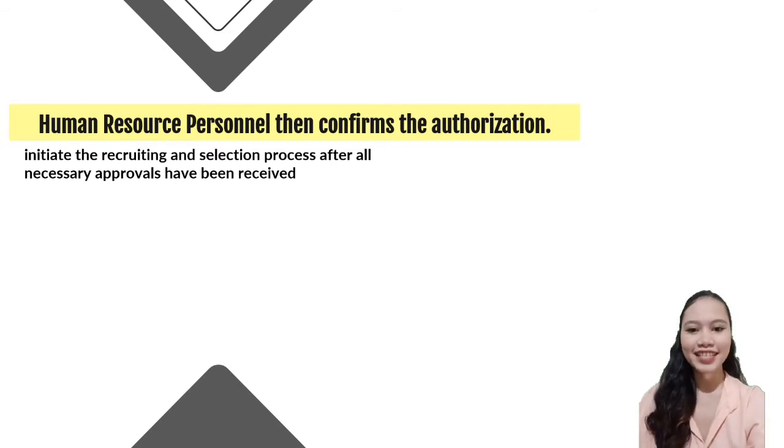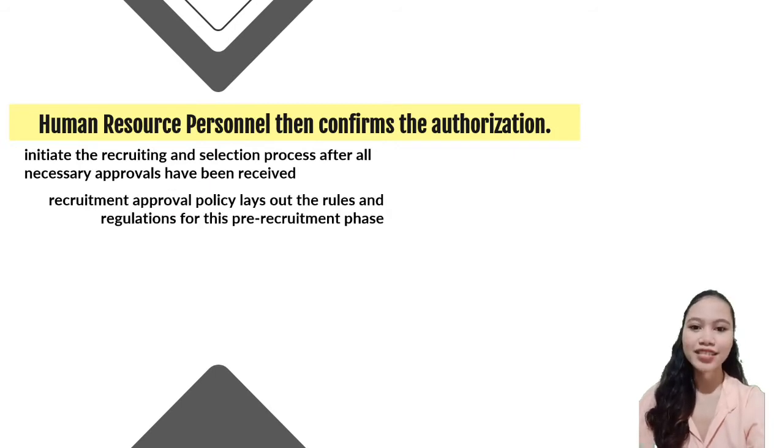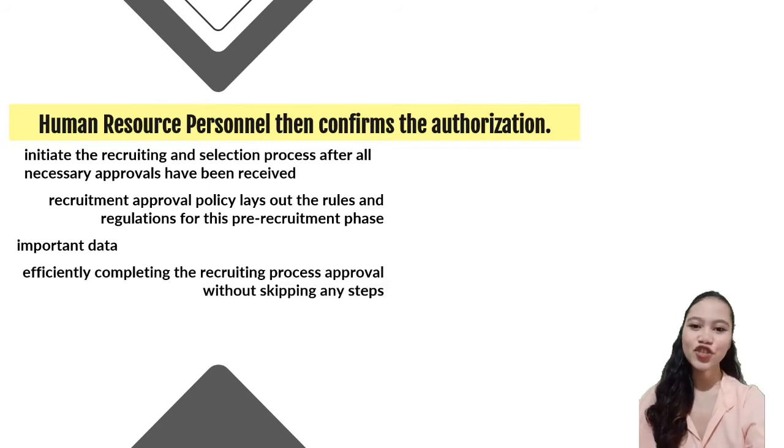To guarantee a thorough recruiting process, a recruitment approval policy lays out the rules and regulations for the pre-recruitment phase. A template with all of the important data can assist you in efficiently completing the recruiting process approval without skipping any steps.